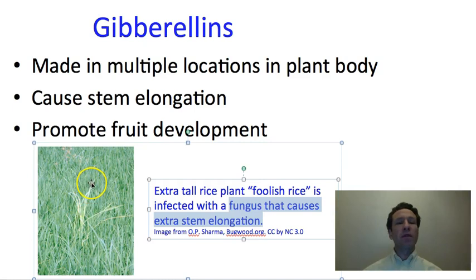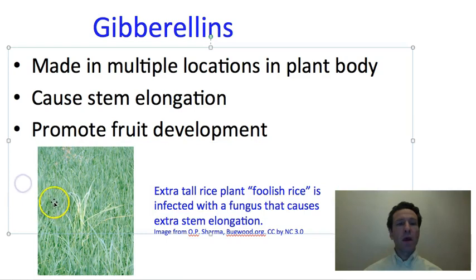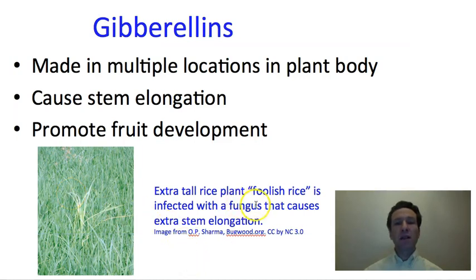Well, think about if the fungus is dispersed by the wind when it makes spores. Spores down here in the low rice aren't going to have a great chance of getting dispersed by the wind, but those up at the top of a tall plant will have a much better chance. So this is really a case of the fungus being able to manipulate the plant in a way that helps it spread its own spores.